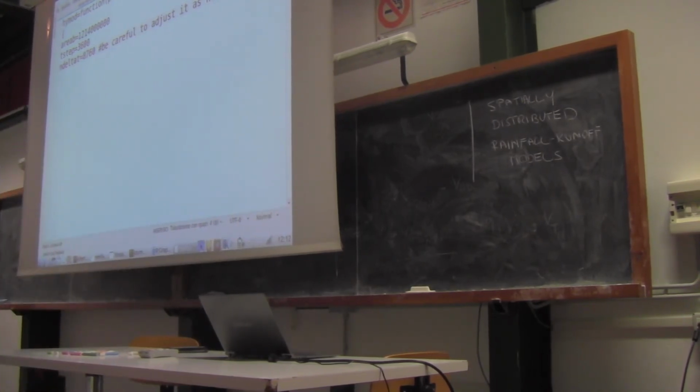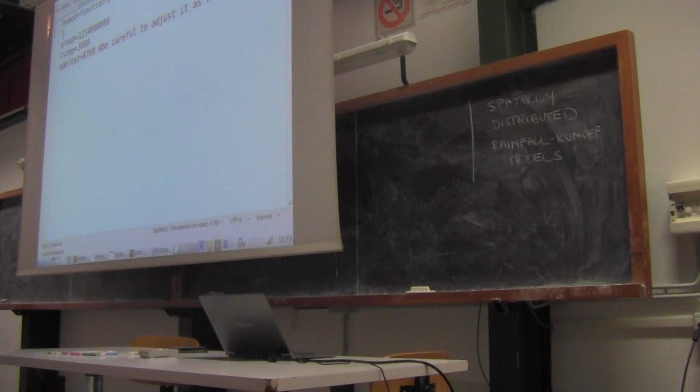Everybody did it? Raise your hand if you are not ready to move forward. Okay, no hands raised. So let's have a comment on these 3 instructions. This is just input of data, information. Area of the catchment, it's in square meters, so it's 1214 plus 6 zeros.